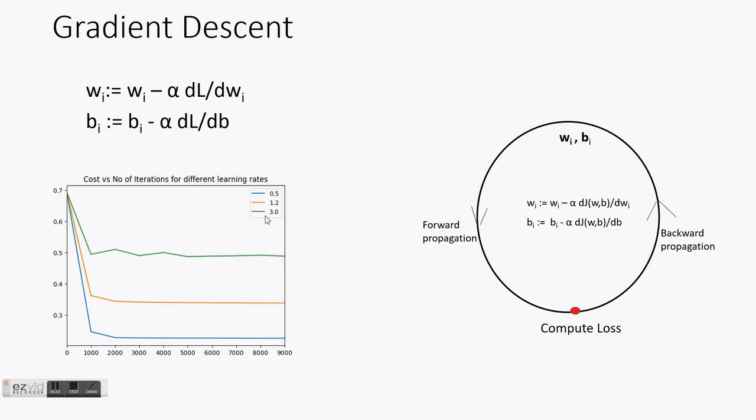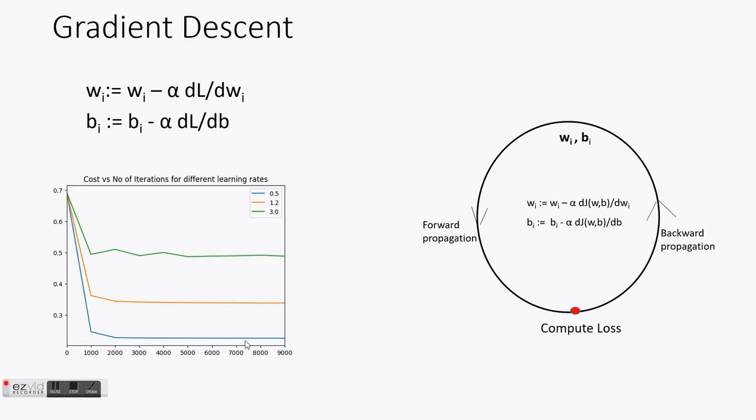So I choose another learning rate, let's say 1.2, and again compute the weights and the corresponding cost, and plot it. At 9,000 iterations, I see it drops to somewhere around 0.37, and then when I choose 0.5 as my learning rate, again I do gradient descent. You can see that it gives me a very low cost.